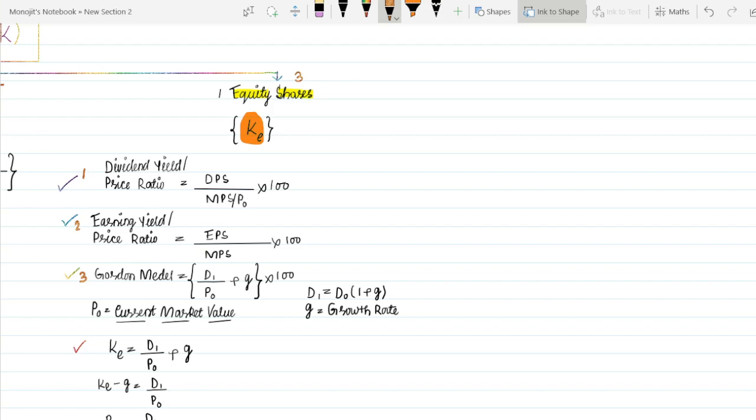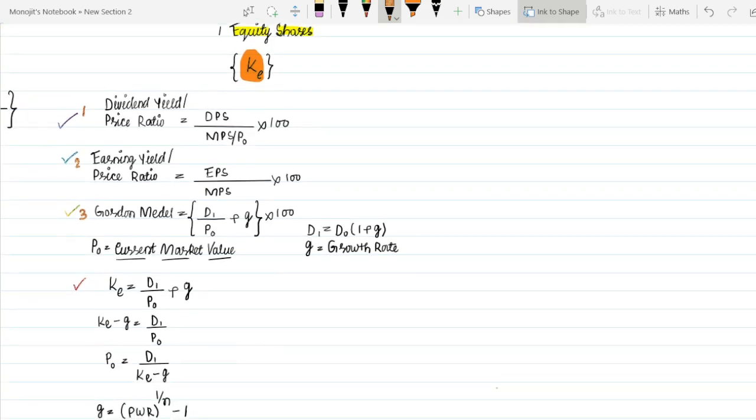The formula will be: in the numerator we need to write dividend per share divided by market price per share, into 100. And the second formula is earning yield or earning price ratio. In this formula, in the numerator we need to write EPS, in the denominator we need to write MPS, into 100.